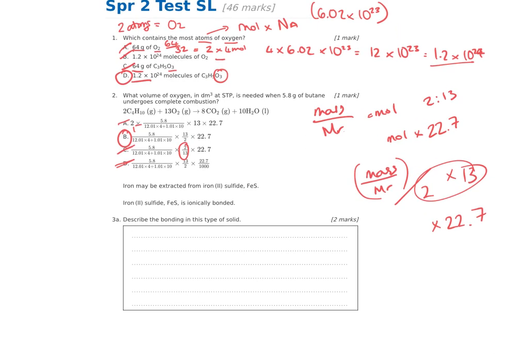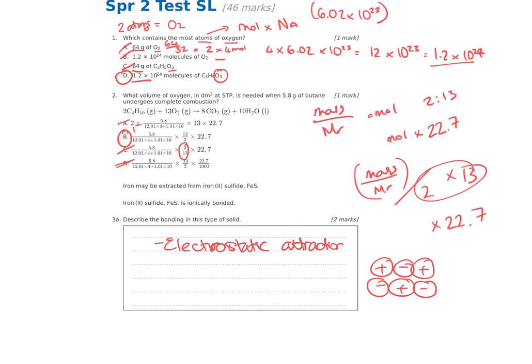Iron may be extracted from iron sulfate. It's ionically bonded. Describe the type of bonding in this solid. So we've got our positive and negative ions in a lattice formation. So what's holding those together? An electrostatic attraction. So that's your first mark.